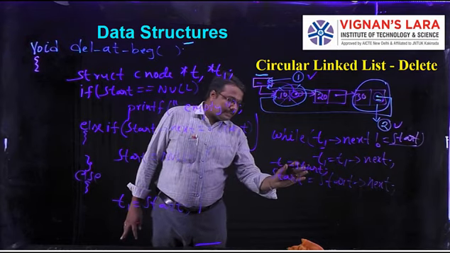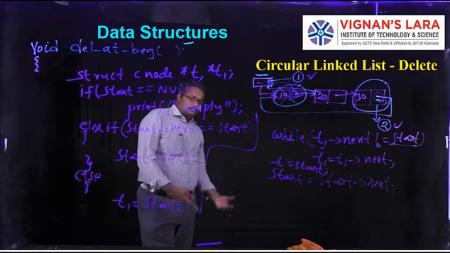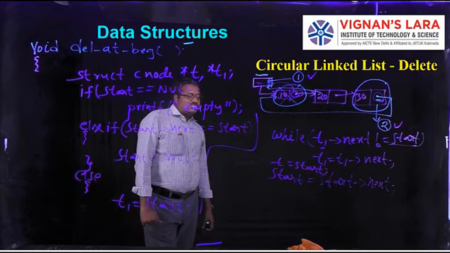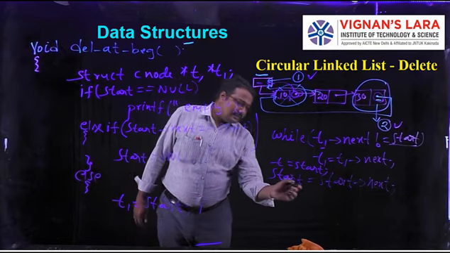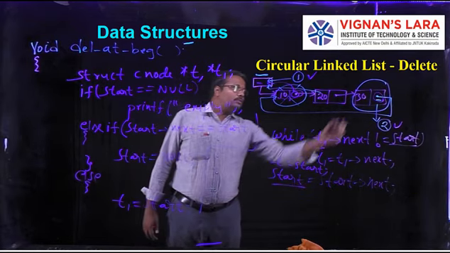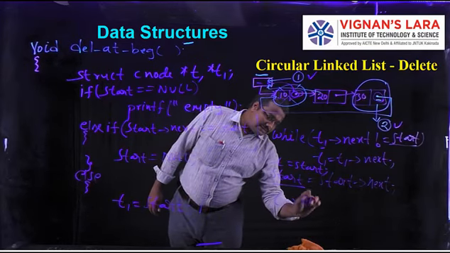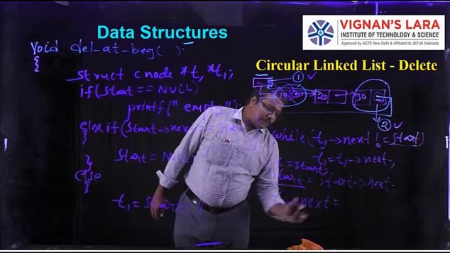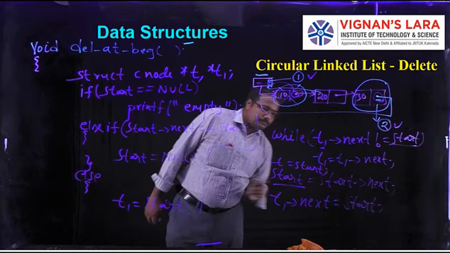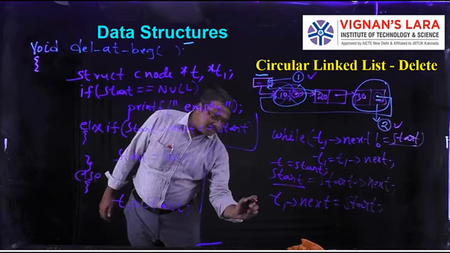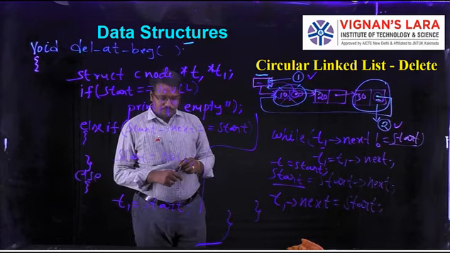Then I am changing start is equal to start of next. And later the start value is assigned here, so T1 of next is equal to start. So else part is closed, function is also closed.